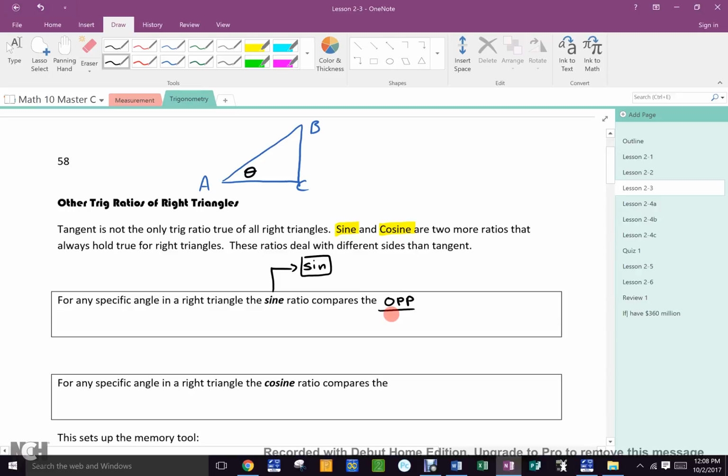Now remember, who decides what is opposite? You do, depending on what, Jake? Yes, opposite depends on theta. And I will remind you again in red, and I will put a star by it. Opposite means what?